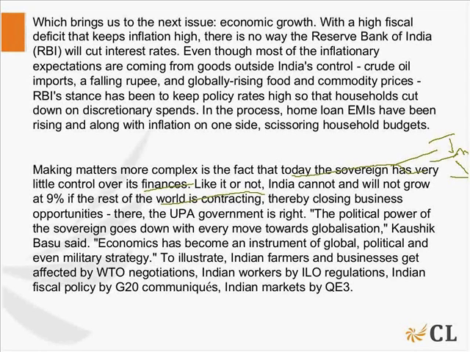Abhinav says UPA government said option A in the last passage of question 6. Abhinav, the very first thing is, when we are talking about the UPA government, like it or not, India cannot and will not grow at 9% if the rest of the world is contracting, thereby closing business opportunities. There the UPA government is right, it says. Okay. The political power of the sovereign goes down with every move towards globalization, Kaushik Basu said.